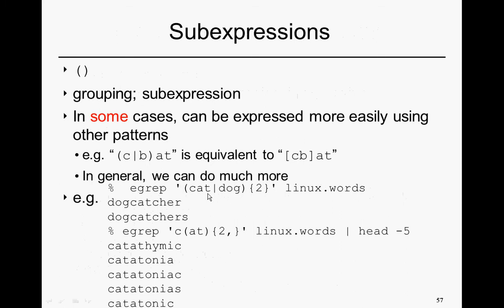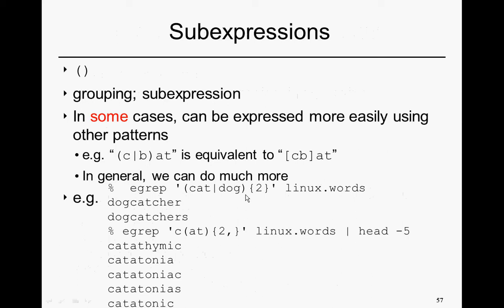It has to match whatever's in here at least two different times, not necessarily matching the same thing each time, but at least twice. In this case, it's in a row. We're not separating them by anything. So, for example, that would match in Linux the word dog catcher, dog and then cat, and also dog catchers.